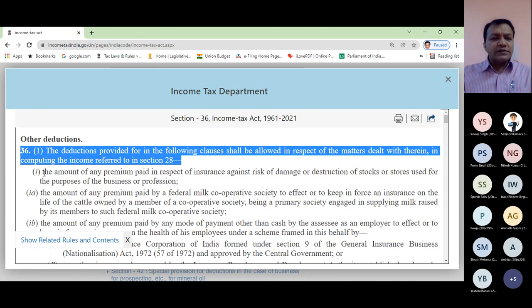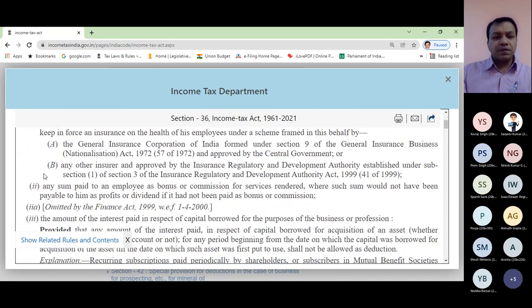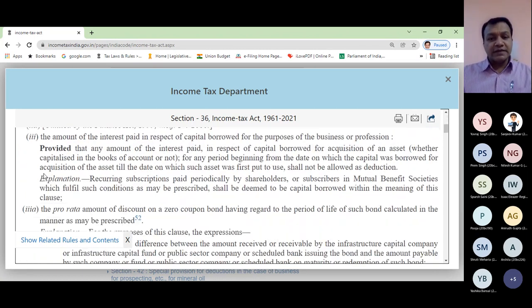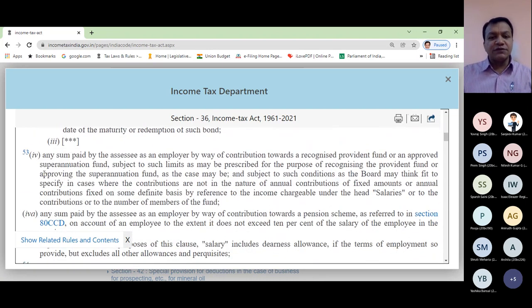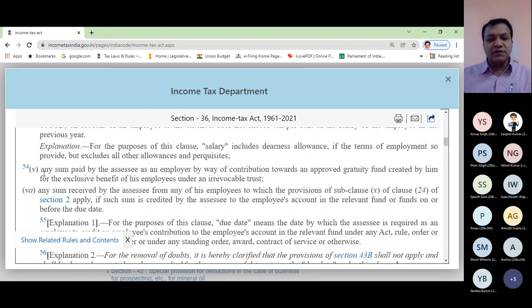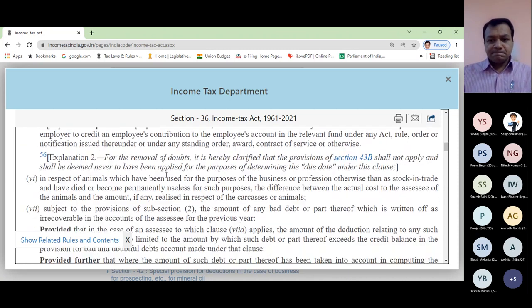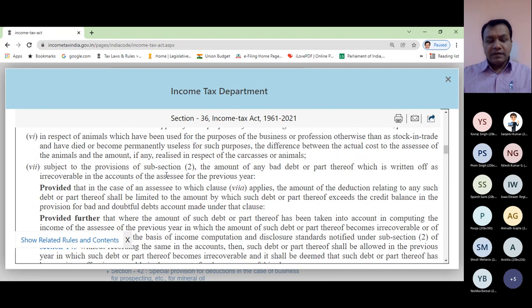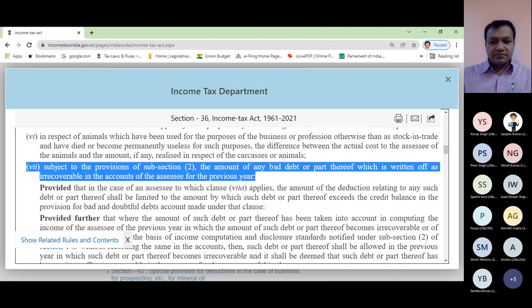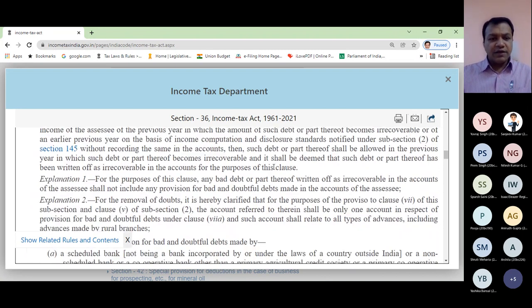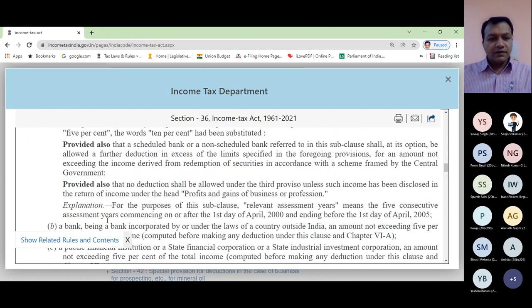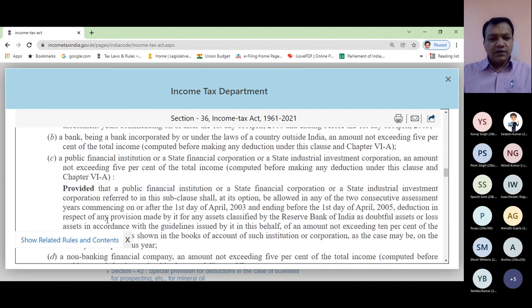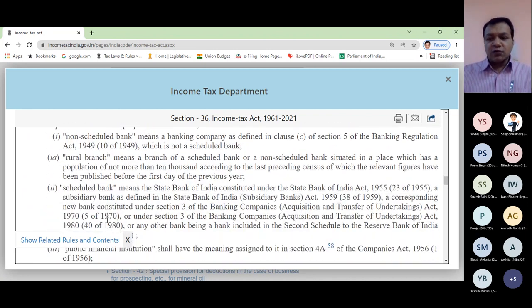There are so many clauses written: 1, 1A, 1B, 2, 2A, 3. Expenses are given by name. As you can see, in every clause it is given by name, like bad debt. In every clause you will find the word for the expense which is allowed as deduction.